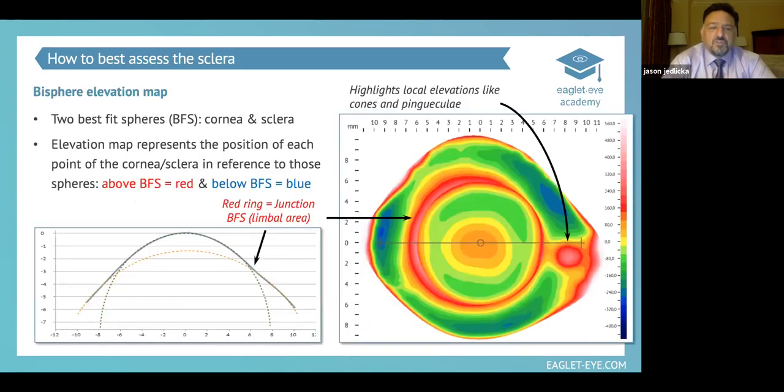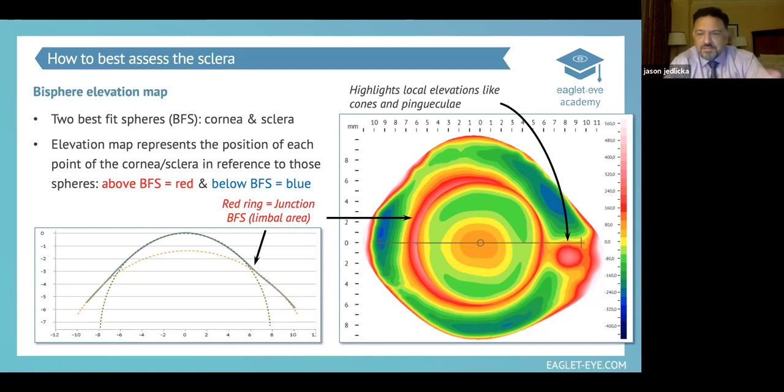However, in general, the bisphere elevation map, which is what you see on the right, is the most useful tool for assessing scleral shape. This again is giving us height data of both the cornea and the sclera, but it's doing it on 2 different reference spheres so that we can get an optimal look at the shape of the cornea and a separate optimal look at the shape of the sclera. So when you look at this, you might say, well, gosh, what is this red zone between the cornea and the sclera?